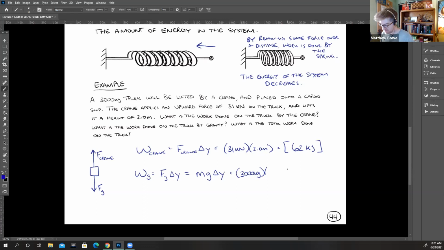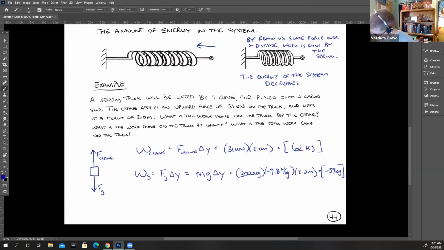This is where we'll input a negative sign, minus 9.8, and for reasons of introducing newtons into this equation, I'll say newtons per kilogram. That's also what g equals, times its displacement. That equals minus 59 kilojoules.